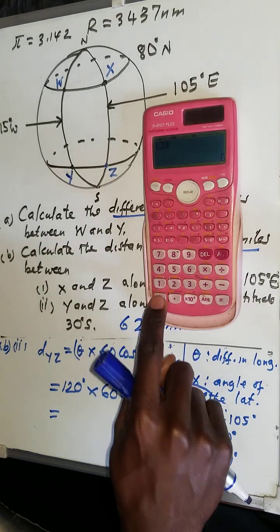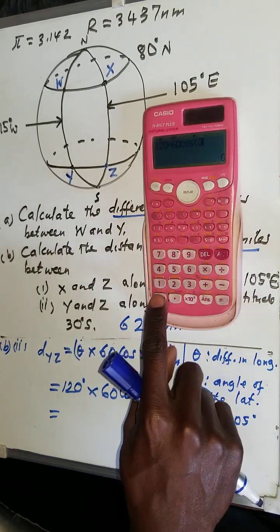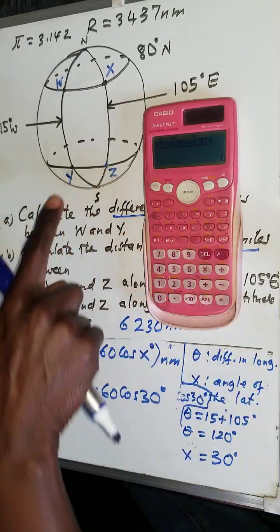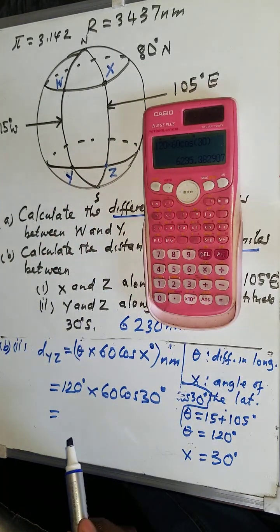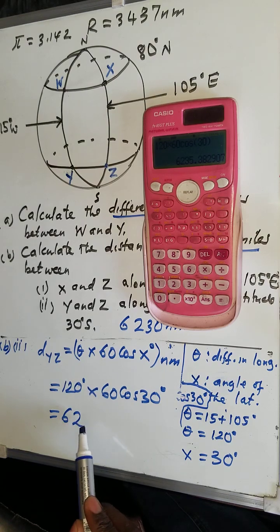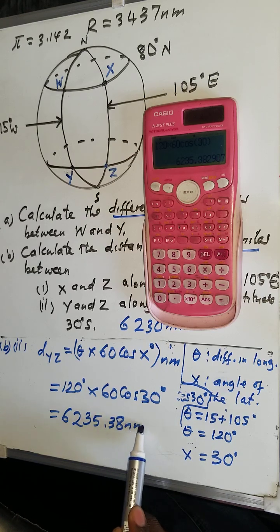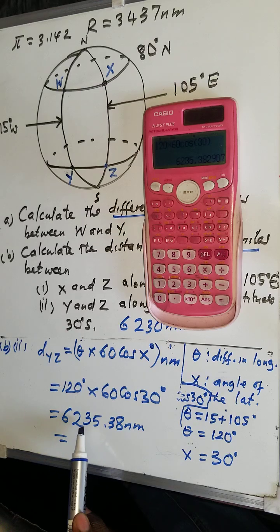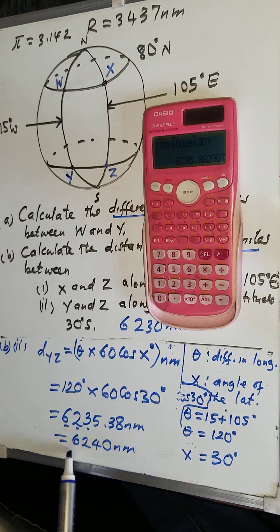It is going to be 120 multiplied by 60 cos 30 degrees, the latitude on which they are. If you round it off there, it is definitely going to give you 6,235.38. Just slight differences that you're having, which when we round it off to three significant figures, 1, 2, 3, would be 6,240. So basically that is what we have.